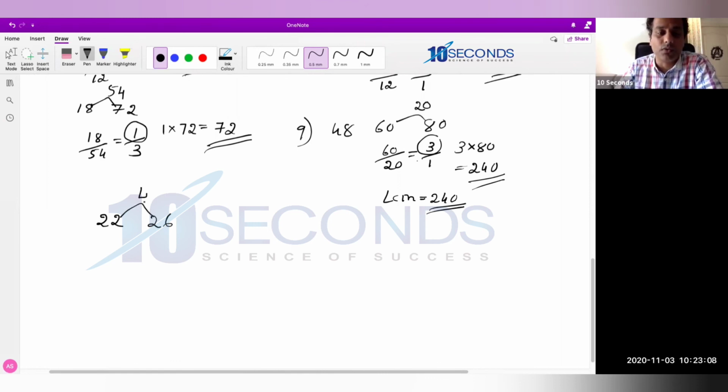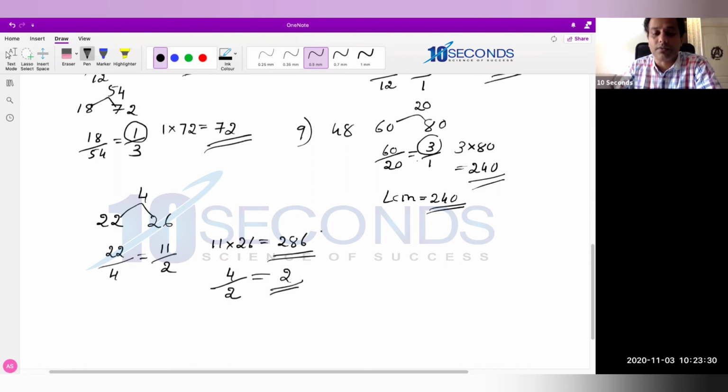Difference 4. 22 divided by 4, 11 divided by 2. First LCM. LCM is numerator into second number. 286 is LCM. What is HCF? Difference divided by denominator. 2 is HCF. Very, very simple. LCM and HCF.